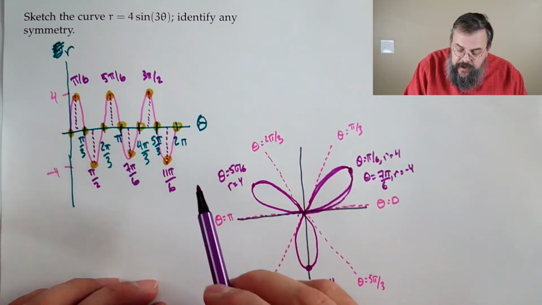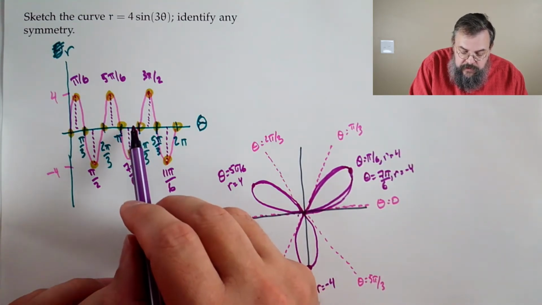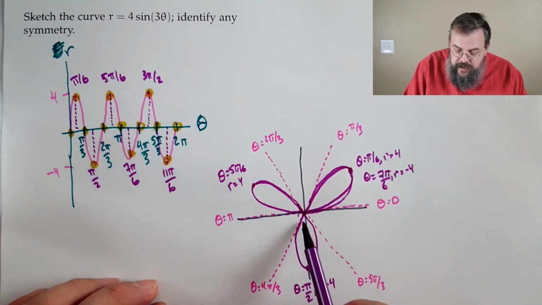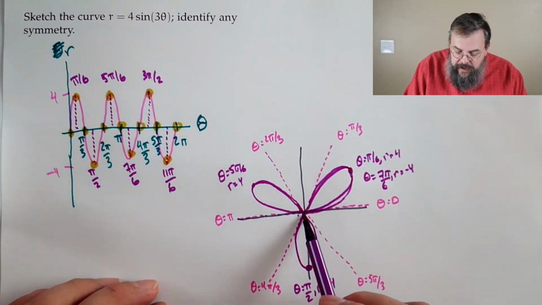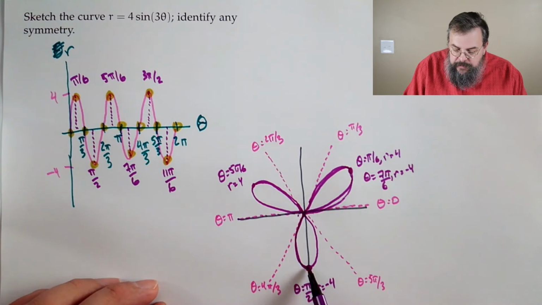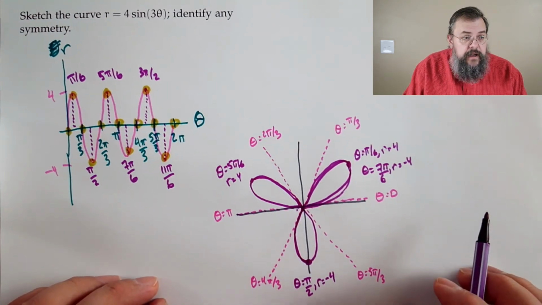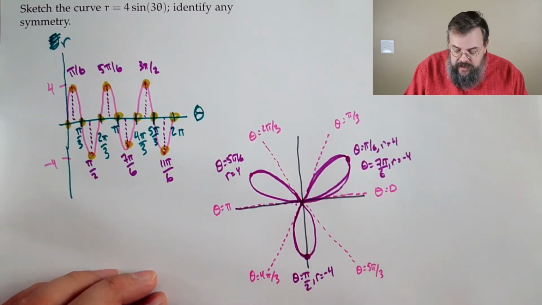We'll keep going. Now we're down to the 4 pi over 3 to 5 pi over 3, and we see, look, it's just going to behave like we think. It comes out to our far point, back in. Our far point being at, let me move this up so we can write it down here, theta equals 3 pi over 2, and r equals positive 4.